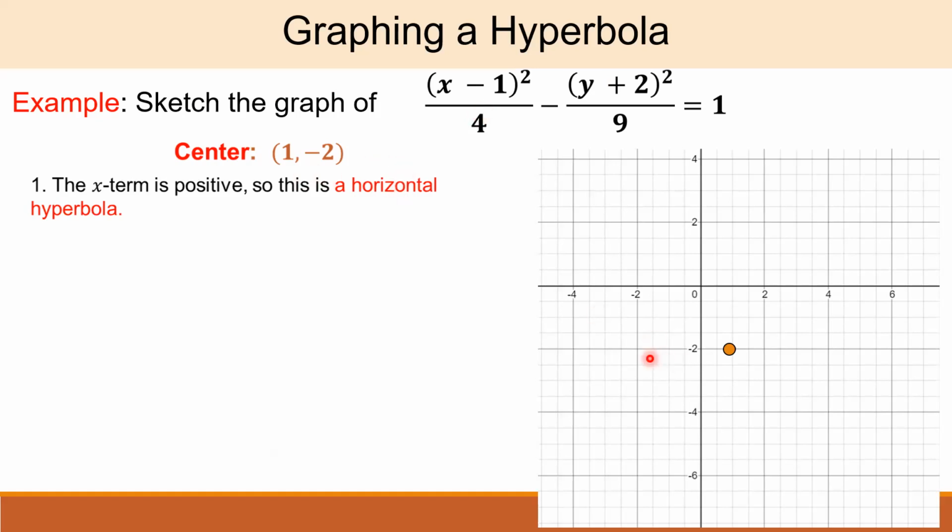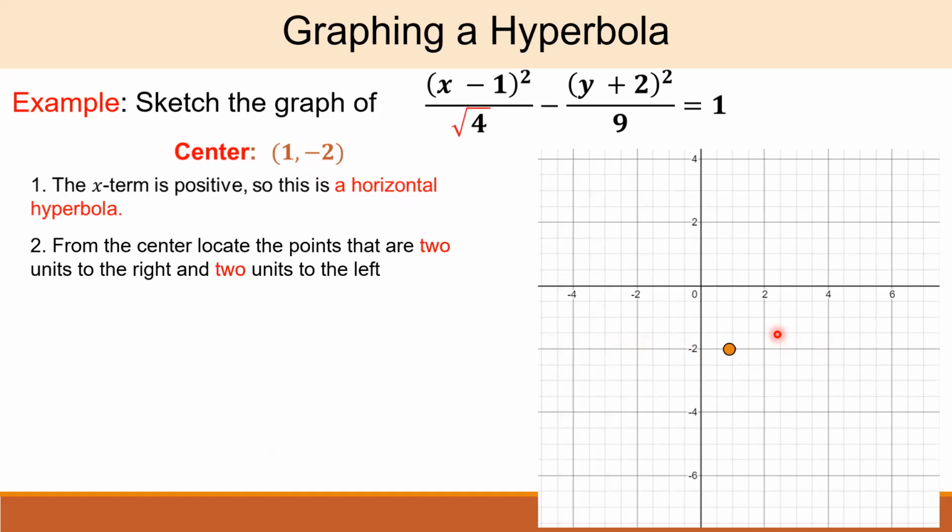Kung horizontal yung hyperbola natin, that means the major points are along the horizontal transverse axis, yung vertices and the foci along with the center. Okay. So next step is to locate the vertices. No? So from the center, locate the points that are 2 units to the right and 2 units to the left. Okay, left and right kasi horizontal yung ating hyperbola.